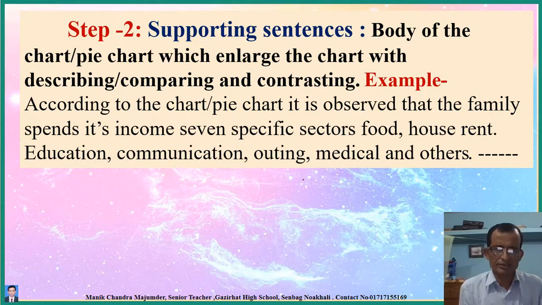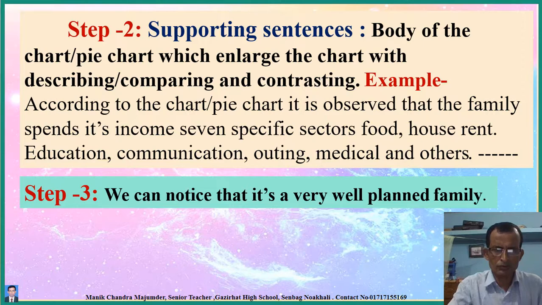For example, we can start writing a supporting sentence in such a way: according to the chart or pie chart, it is described that the family expends its income on seven specific sectors: food, house rent, education, communication, outing, medical, and others. And for the concluding sentence, that means the finishing sentence, we can notice that it is a very well-planned family.